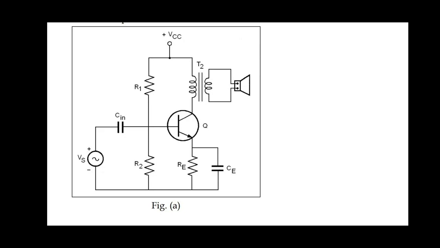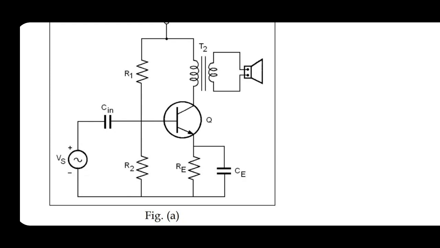The circuit consists of an NPN transistor in CE mode. The transistor is connected in CE mode because we take output across the collector through the transformer secondary. The secondary is a step down, so its impedance is very low, which matches the loudspeaker.